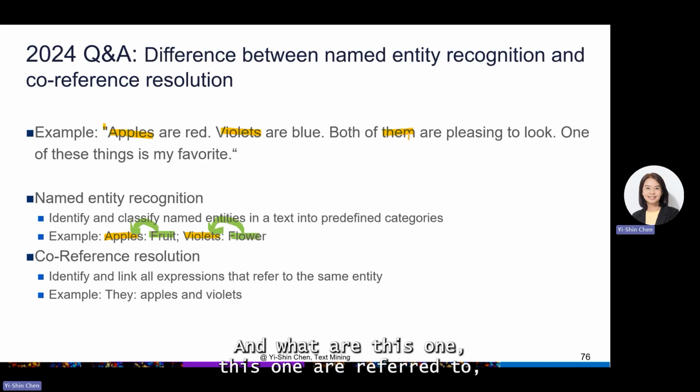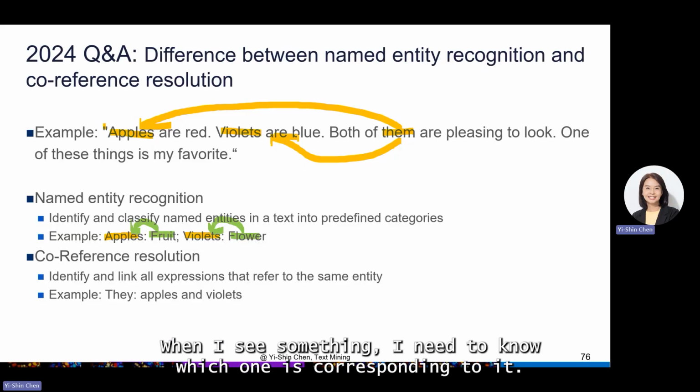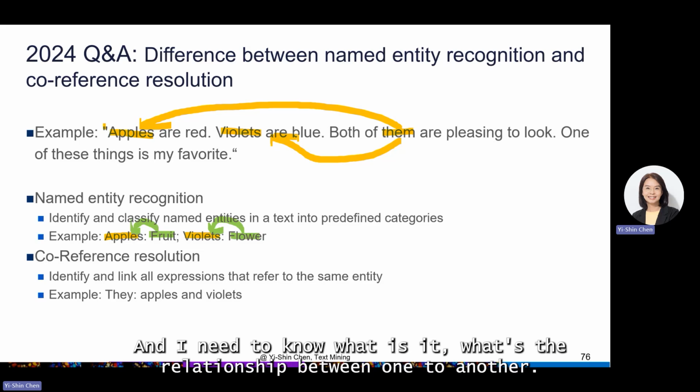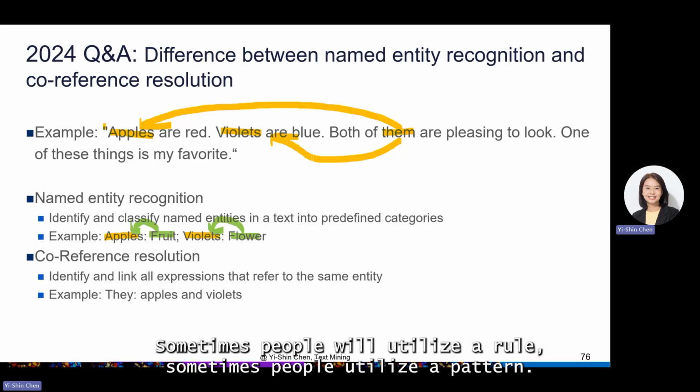And what is this one? This one refers to apples and violets. Okay, that is called reference resolution. When I see something, I need to know which one corresponds to it, and I need to know the relationship from one to another. So there are different ways. Sometimes people utilize a rule, sometimes people utilize a pattern.